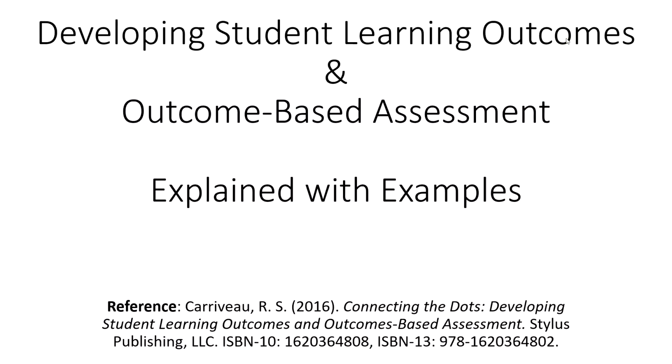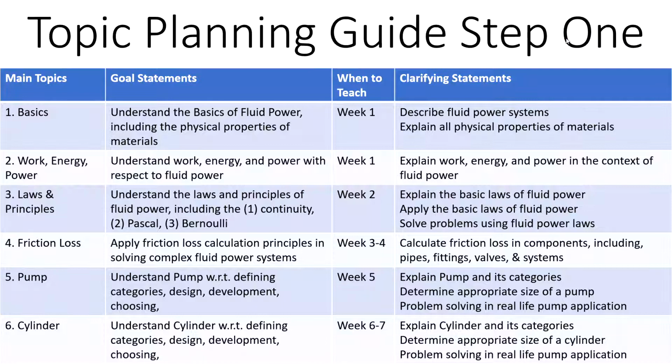Now, this particular book talks about a detailed step-by-step process, which I will explain now, for how we can develop measurable learning outcomes. So step number 1 says, okay, you have these topics that we use in our traditional syllabi, and we also know when they will be covered. In step number 1, it suggests that you have some general learning outcome goals.